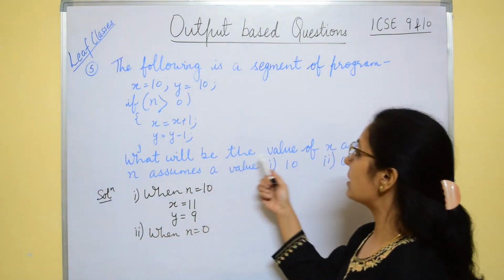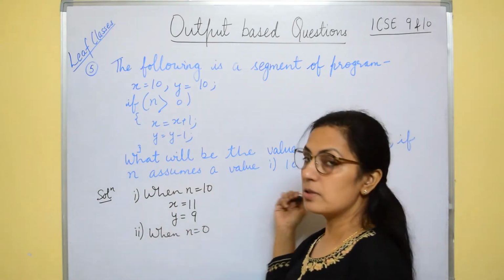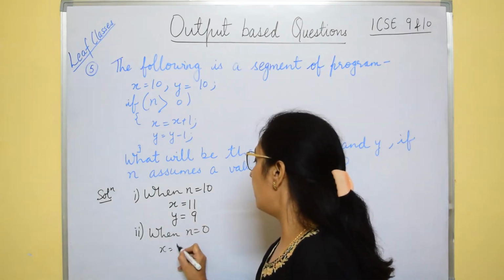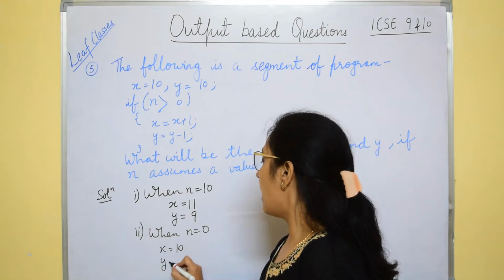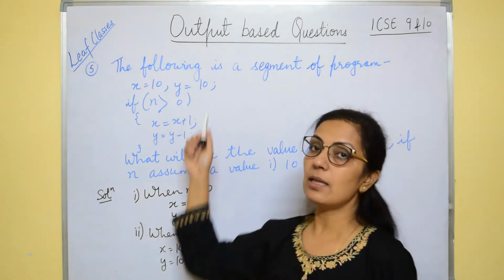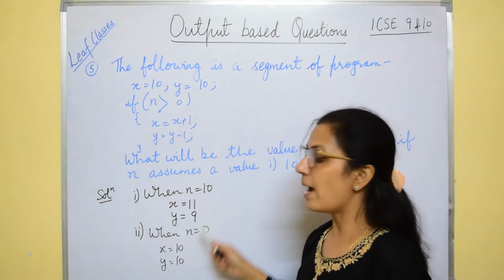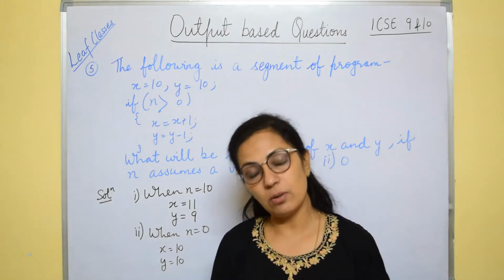The question says what will be the value of x and y when n assumes 0. So the value of x will be 10 only, the original value, and y is also 10. So there is no change in the value of x and y when n is 0. So you have to write the answer like this. Presentation also matters.